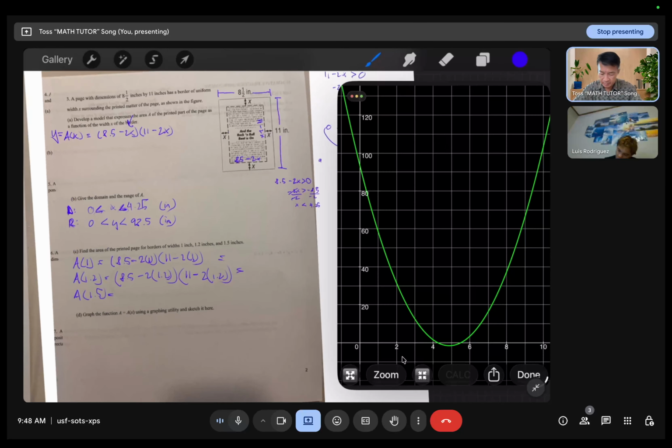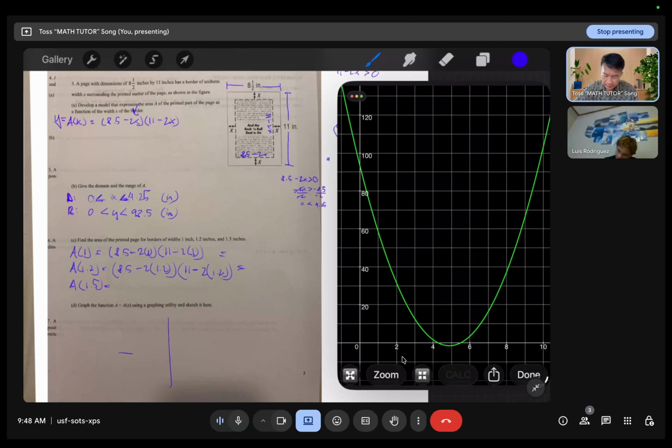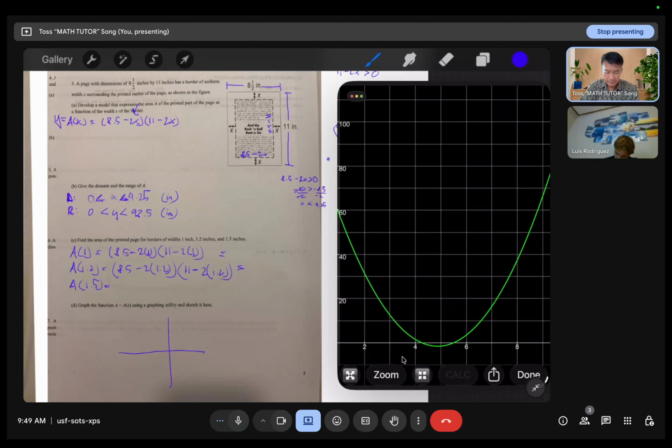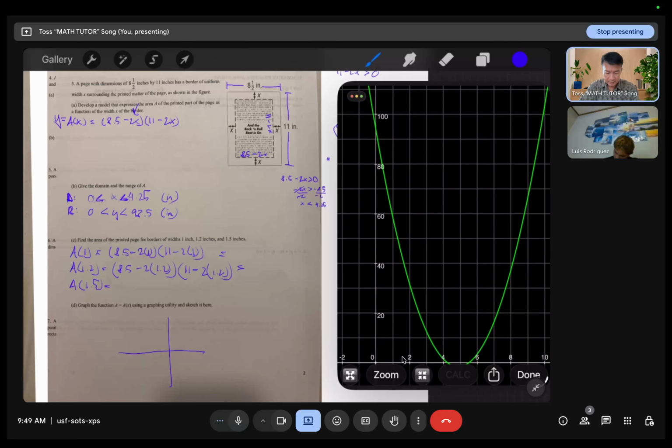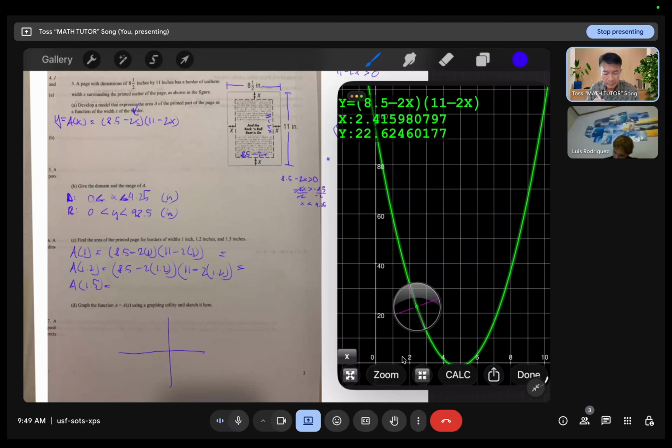You want to look at the graph. You can graph the whole thing, but you want to graph it within the range and domain of this problem. Let's see how you make sense of this. Check if I punch this in correctly.